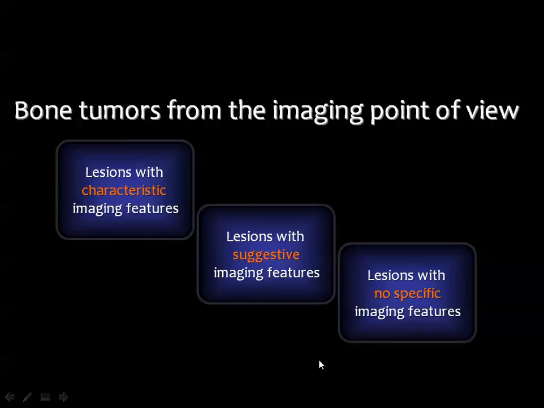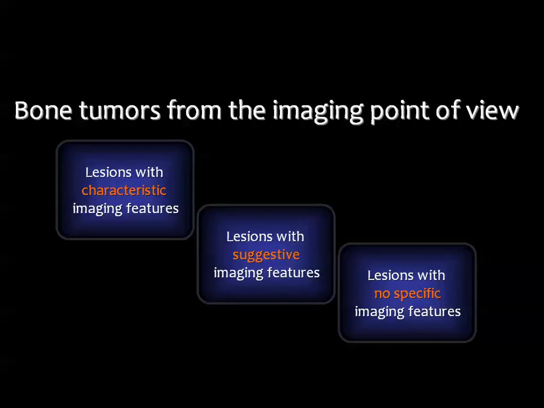Then the approach for bone tumors will be different from the approach provided by many of the books, and I think that this approach will overcome many obstacles that can face anyone looking to evaluate the bone tumors in an easy way.